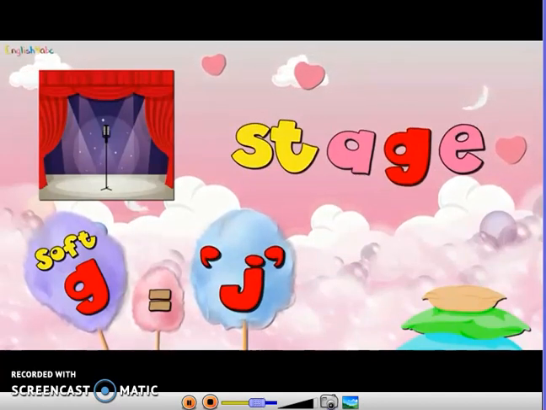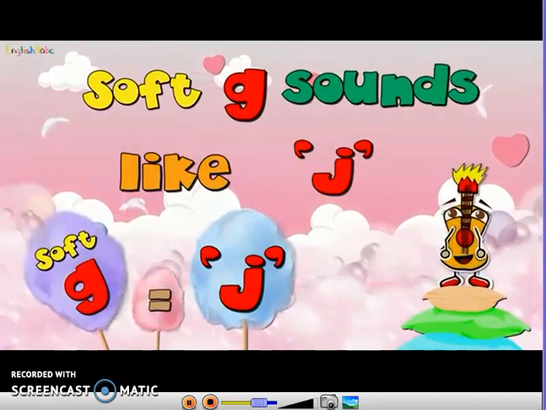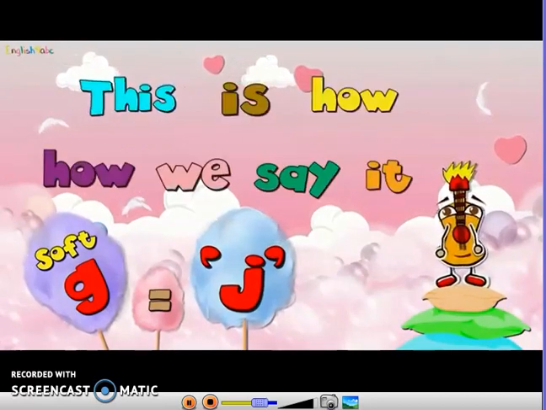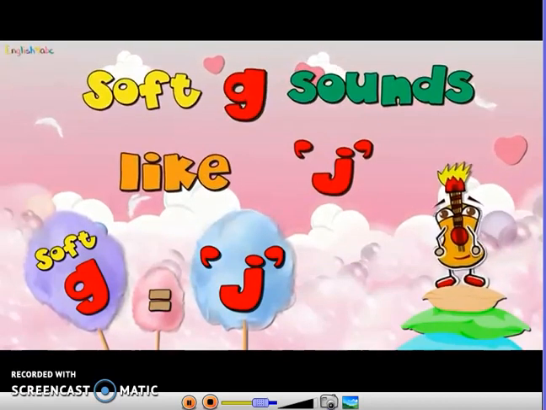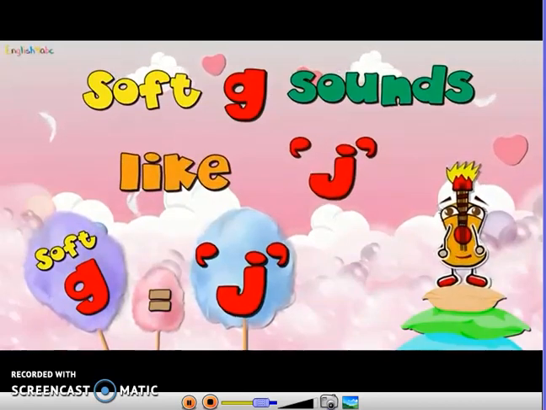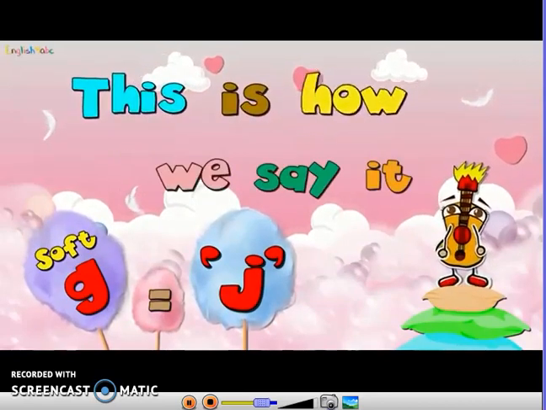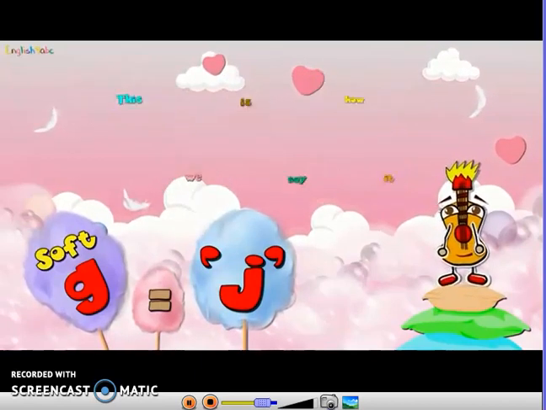Stage. Soft G sounds like J. This is how we say it.